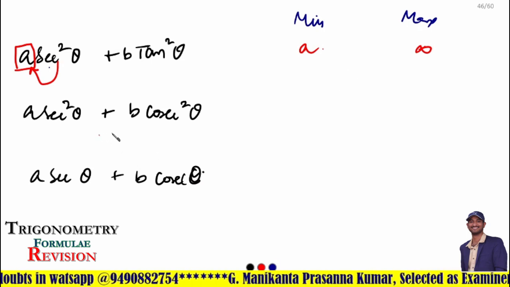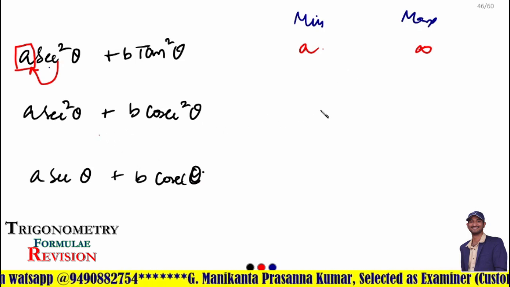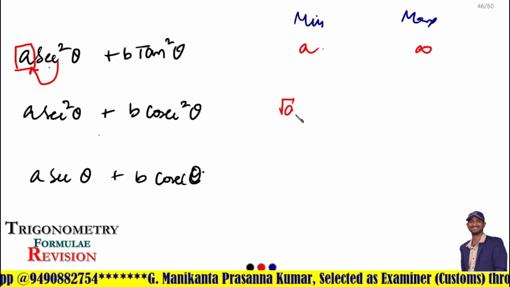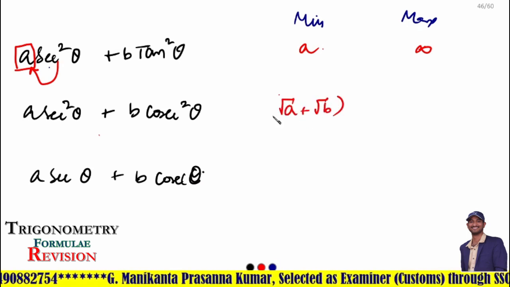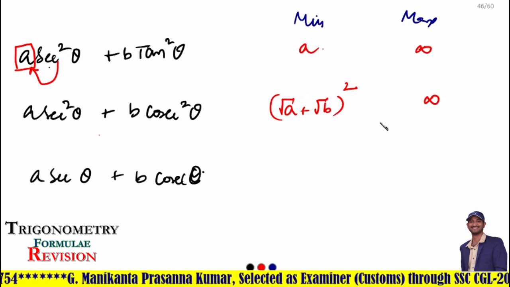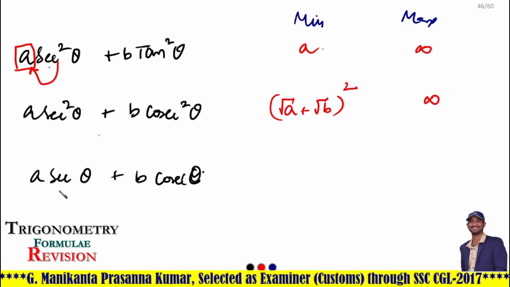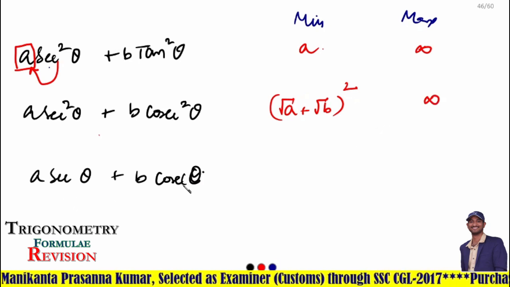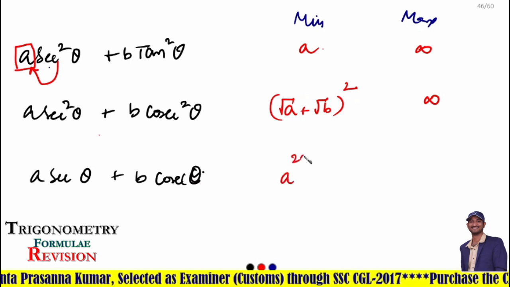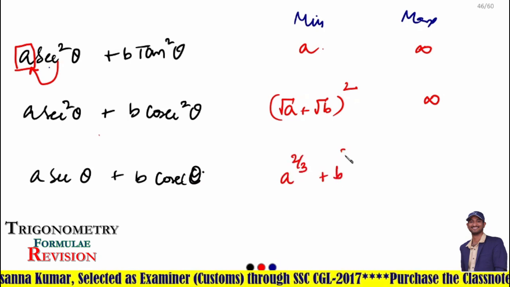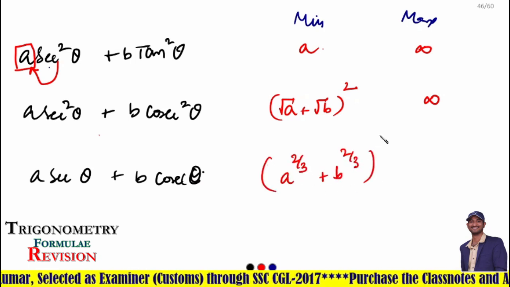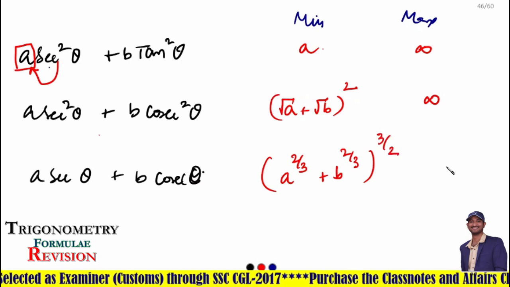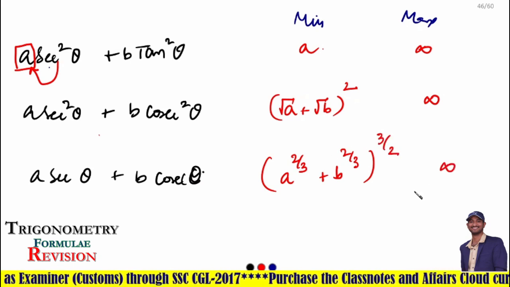Whereas a secant square and b cosecant square is given, then the minimum value is (root a plus root b) whole square. Maximum is infinity. Whereas only secant and cosecant is given, not squared, then (a power 2 by 3 plus b power 2 by 3) whole to the power of 3 by 2 is the minimum value, and the maximum value is infinity.